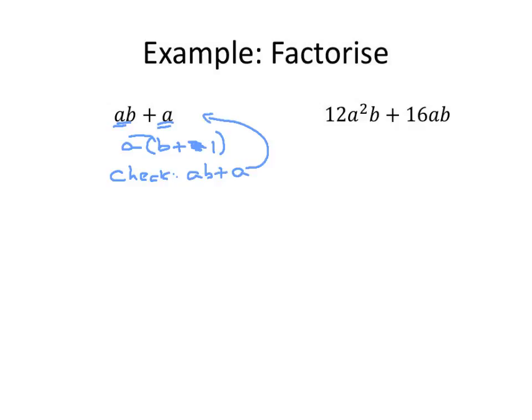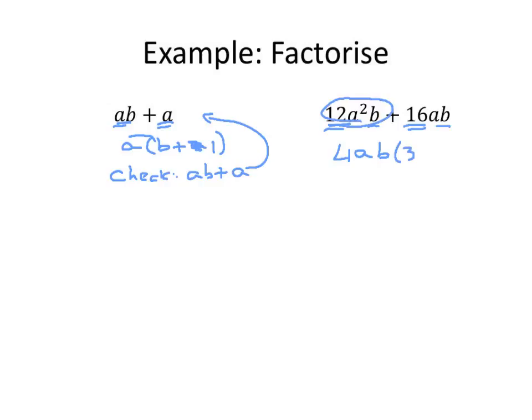In the second one here, 12A squared B plus 16AB, I've got to find the highest common factor. Highest common factor here in the numbers is going to be 4, but you also have to look at your variables. A squared and A, the highest variable I can take out here is an A, and between B and B I can still take out a B. So divide this term by 4AB. 12 divided by 4 leaves me 3.